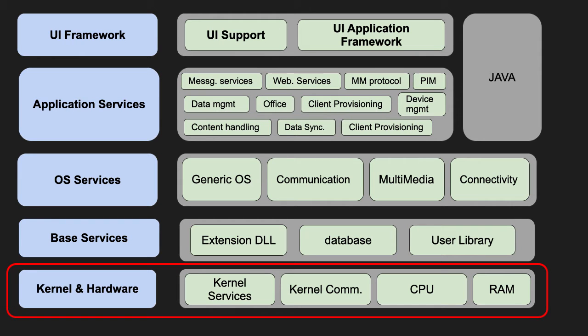In the last presentation, we discussed the five architectural layers of Symbian OS. And in the lower part of that architectural layer, we see the kernel and hardware layer, wherein the kernel resides.